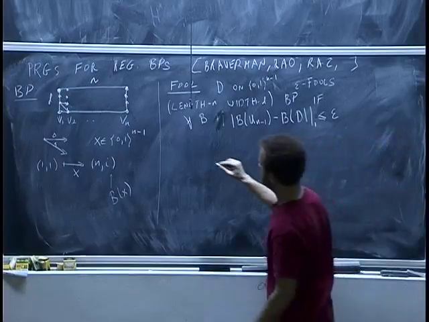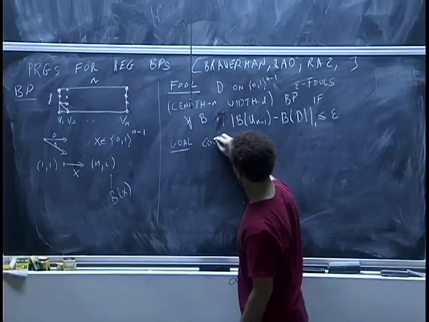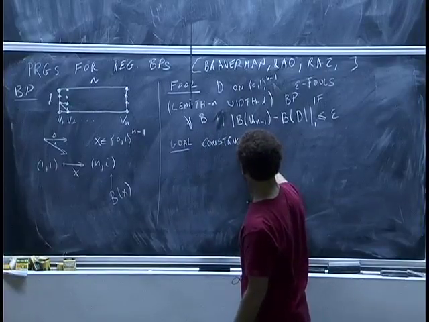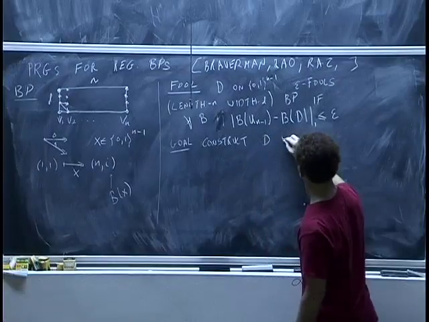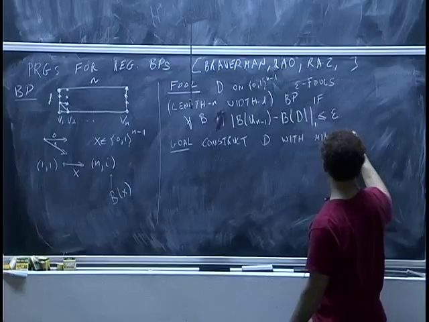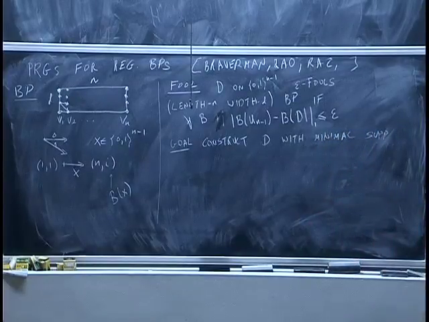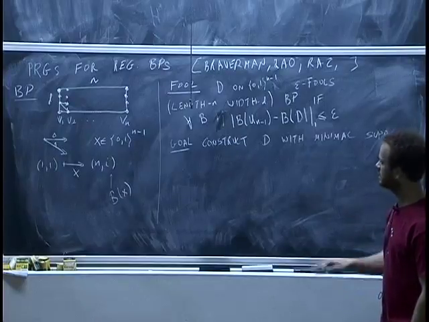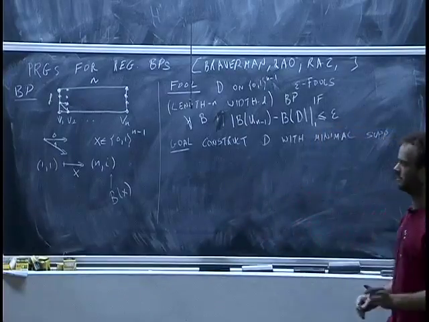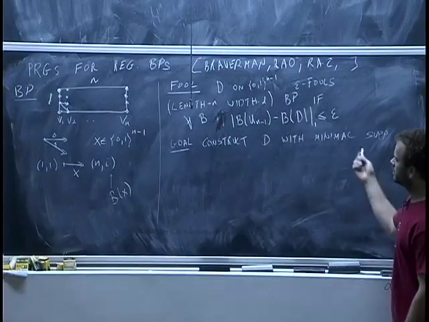And what we want to do is to construct D with minimal support. This is the goal we are trying to achieve, and to construct it efficiently. And why do we want to achieve this?